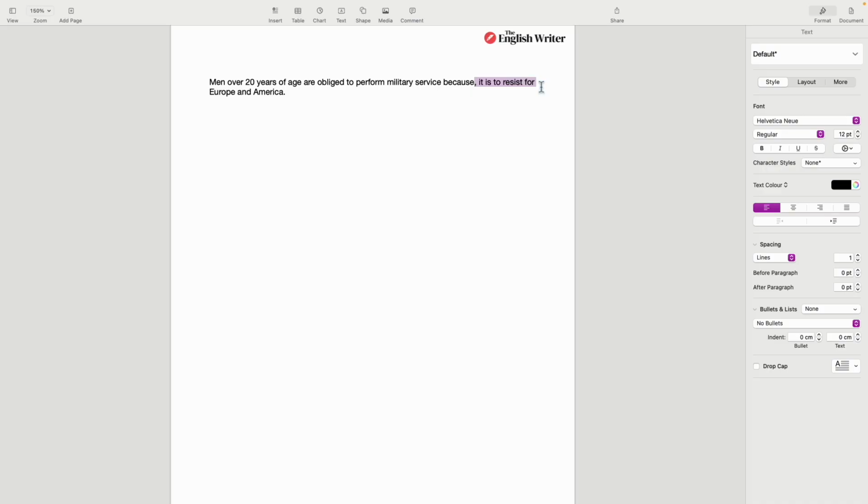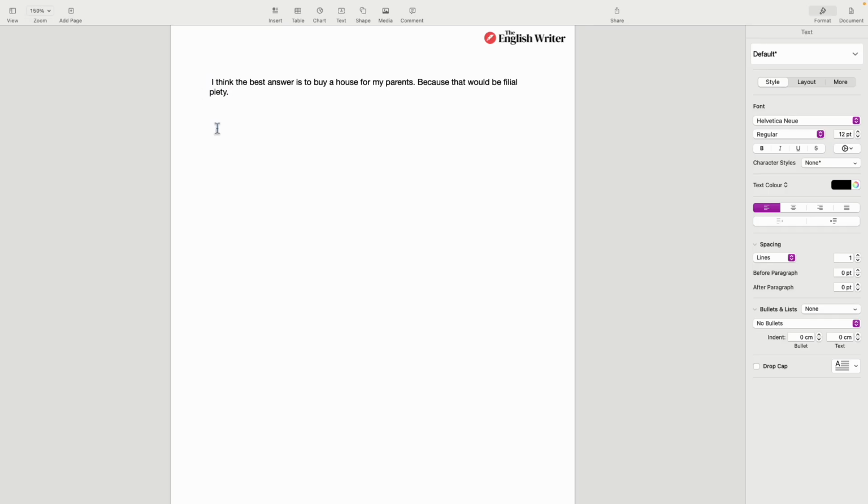I'm going to put because they need to protect the country against Europe and America. Let's put another comma there. We like commas. Men over 20 years of age are obliged to perform military service, because they need to protect the country against Europe and America. Okay, that will do. I'm going to delete that and get another one.